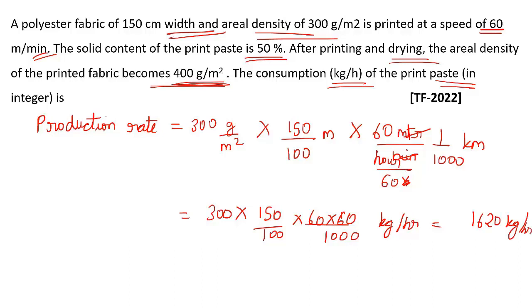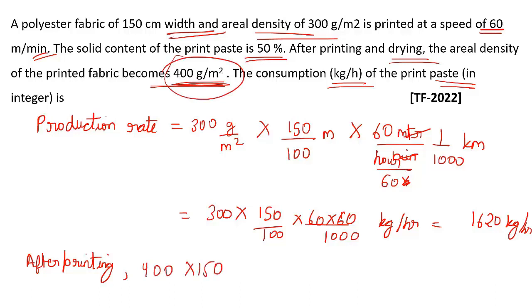Then after printing, what is the production rate? After printing, the aerial density is 400 gram per meter square. So 400 into 150 upon 100 into 60 into 60 upon 1000, on the same terms, just the aerial density is changed.